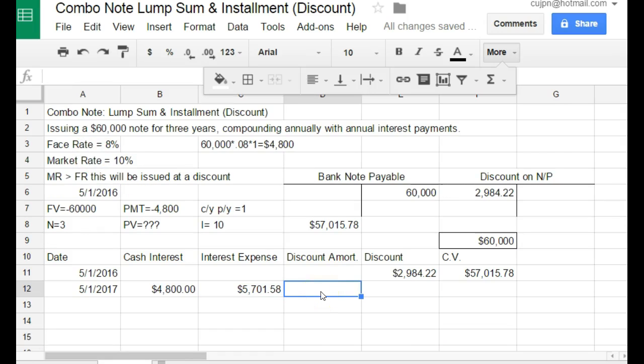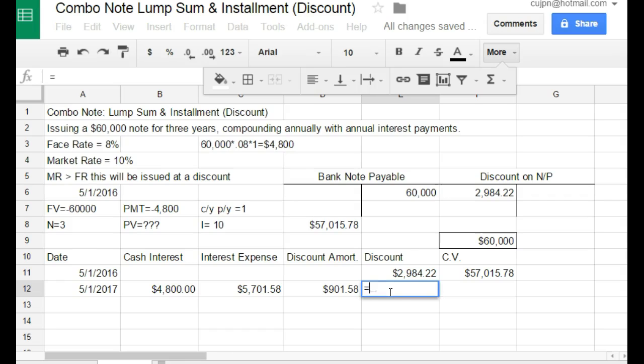So once I get that amount, you have to remember that the difference between the interest expense and the cash interest is going to give me how much I'm decreasing the discount account by. So there's the update to the discount account.